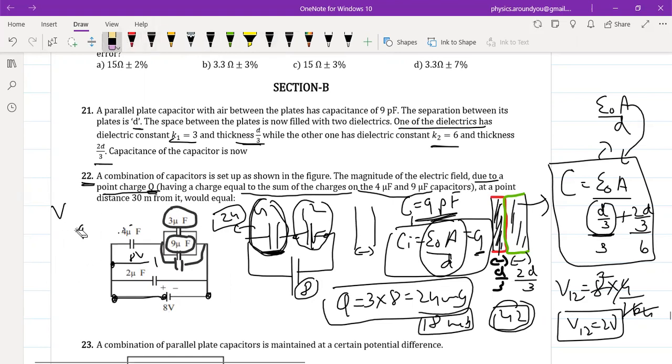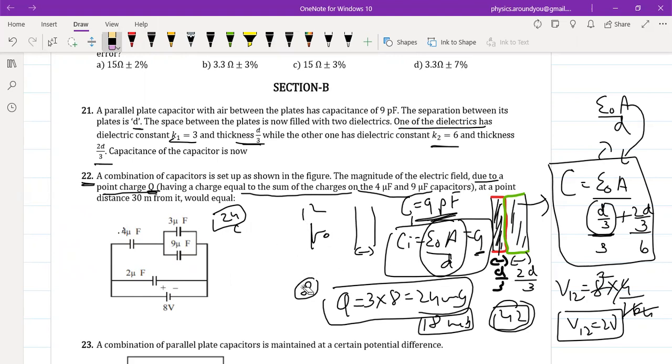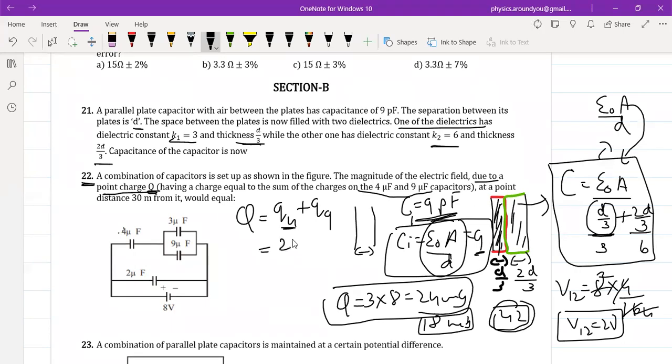Hence, the charge which I need now is this capital Q, the sum of charge on 4 plus charge on 9. Charge on 4 I found out is already 24. Charge on 9 is 18. So total it is 42 micro coulombs.